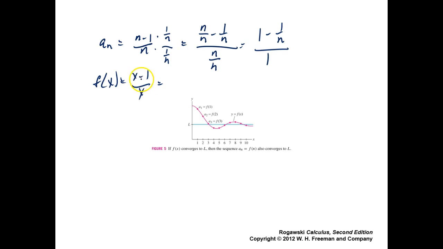That would be 1 minus 1 over x, and as x gets large, that of course is going to 1. Now, that's not necessarily this one, but if L happened to be 1, that's probably not too far off. I don't think it plots to be exactly like that, but it would be something like that.